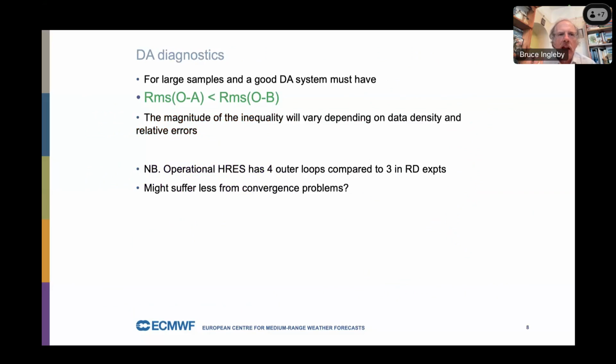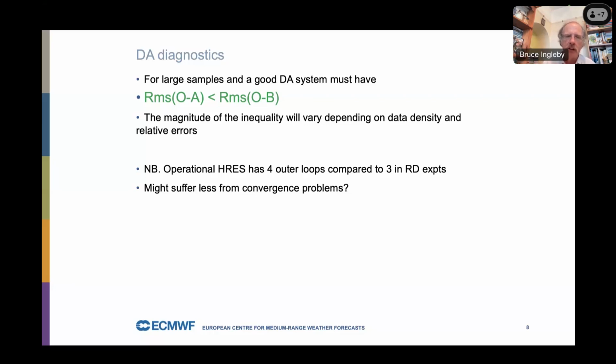Diagnostics. For large samples and a good data assimilation, we must have the RMS fit to analysis less than the RMS fit to the background. Now, that could be 1% better, or it could be 50% better.